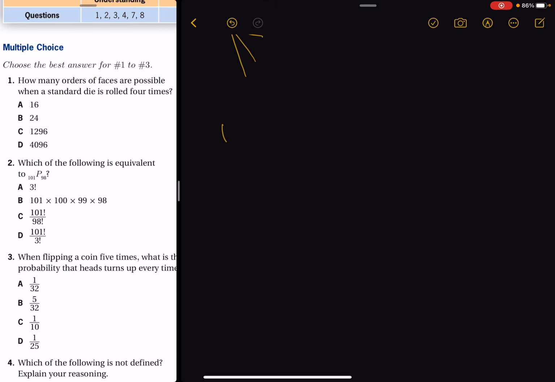Which of the following is equivalent, we're not going to write out the question, to P 101, choose 98. Essentially, the formula is that P(n, r) is equal to n factorial over n minus r factorial.